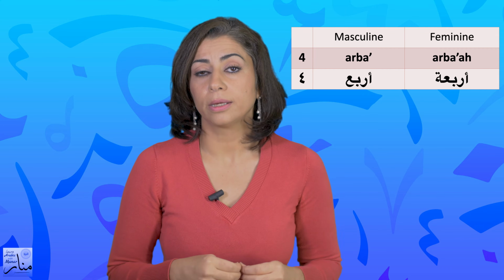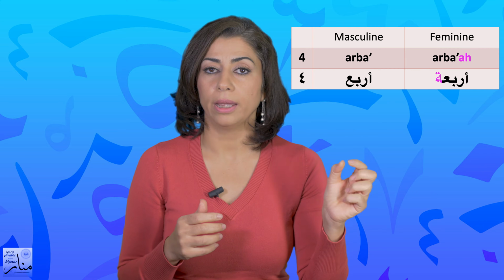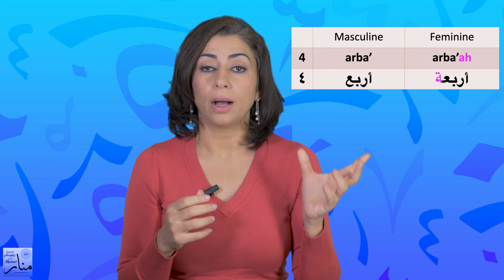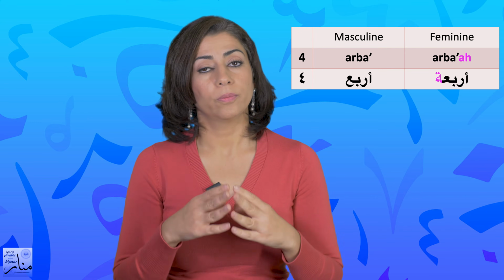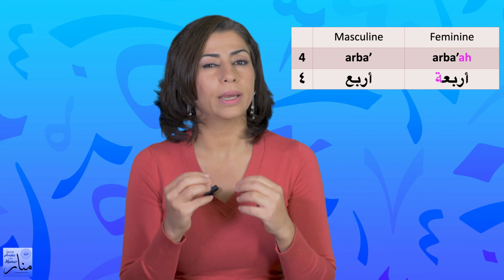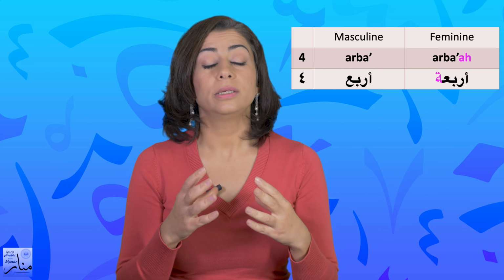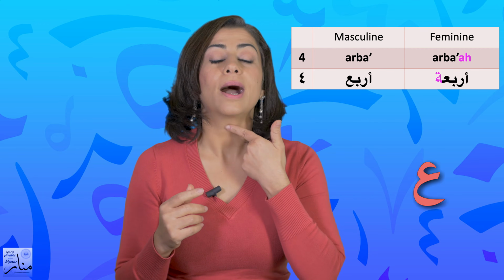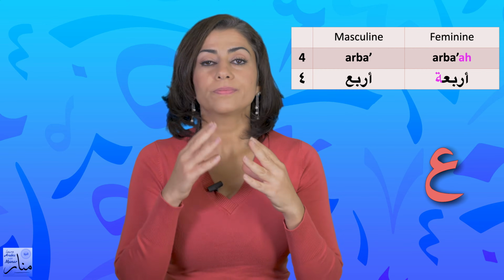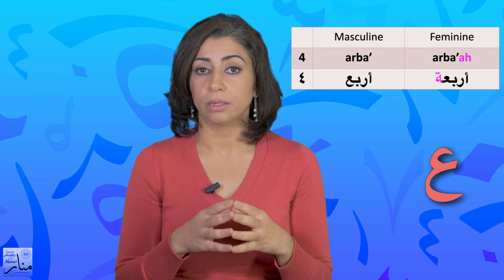We are just adding ta marbuta to the end, and it will be أربعة. Here with the number 4 you have to pay a little bit of attention because أربع is ending with the letter ayn, and it is a little bit tricky letter in Arabic.